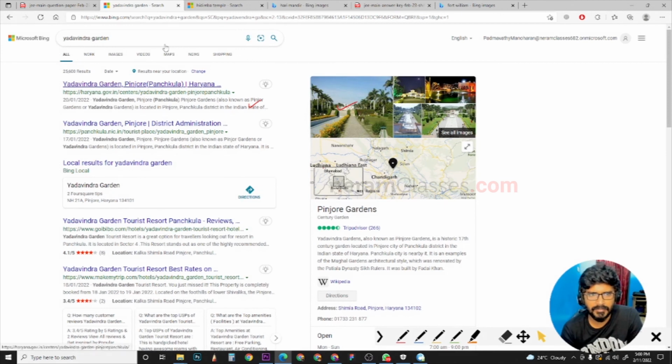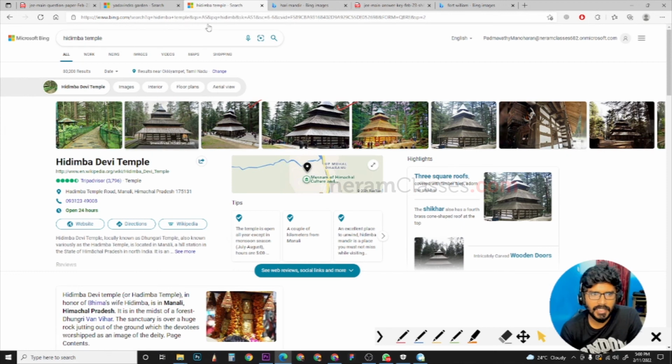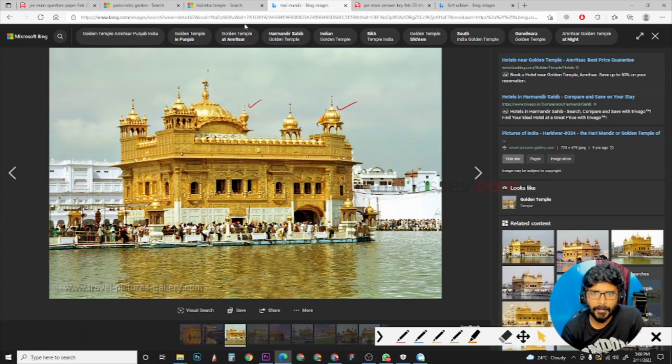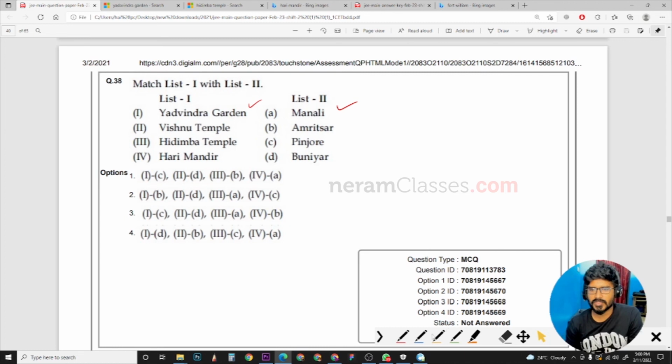It is located in Pinjore, in Panchkula district, Haryana. And Hidimba temple is located in Manali, Himachal Pradesh. And then Hari temple is nothing but the Golden Temple of Amritsar. And if you search for Vishnu temple, you will not find an exact match because there are many Vishnu temples available.